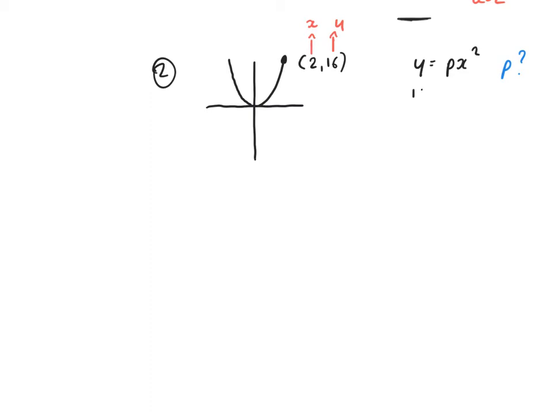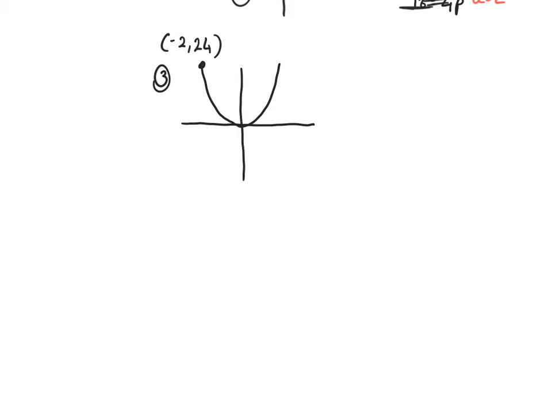Where I see y, I'm going to replace it with 16, and where I see x, I'm going to replace it with 2. So p times 2 squared, well, 2 squared is 4, so that's 4p. I'm now going to bring the 4 down and divide, and p will be equal to 16 over 4, and p is equal to 4, final answer.